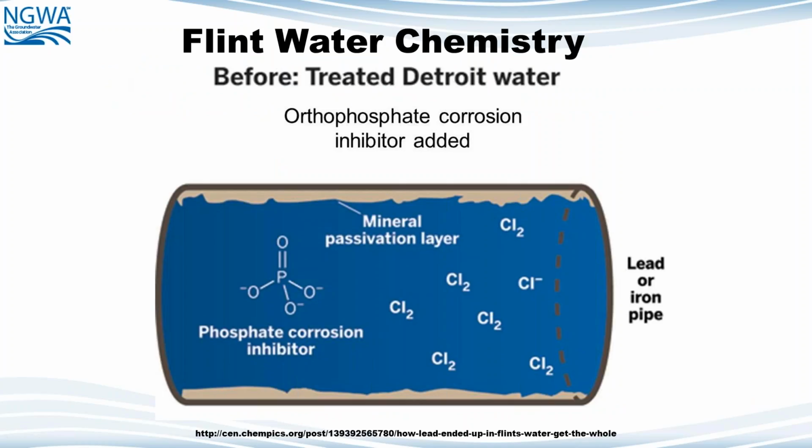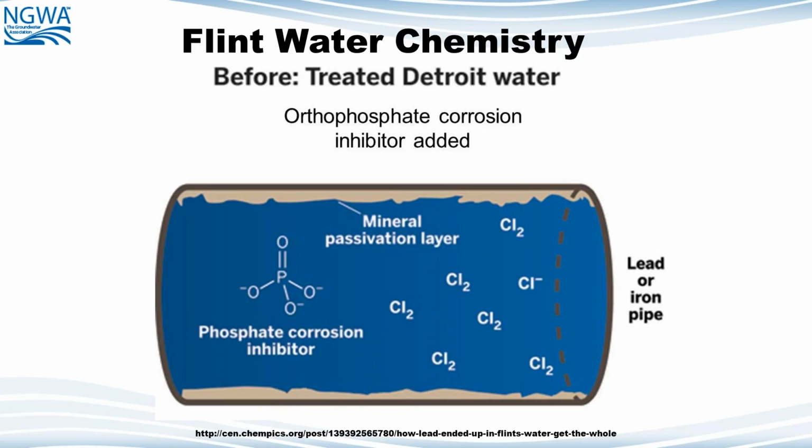Now let me say a little bit about the Flint water issue, because so many people have been exposed to it in the media. It's gotten huge media coverage in the last 6 months or a year, ever since it was identified. And typically, this is what the Detroit city water looked like. It is from a different source, and very often municipalities, when they treat their water, will add what's called an orthophosphate corrosion inhibitor.